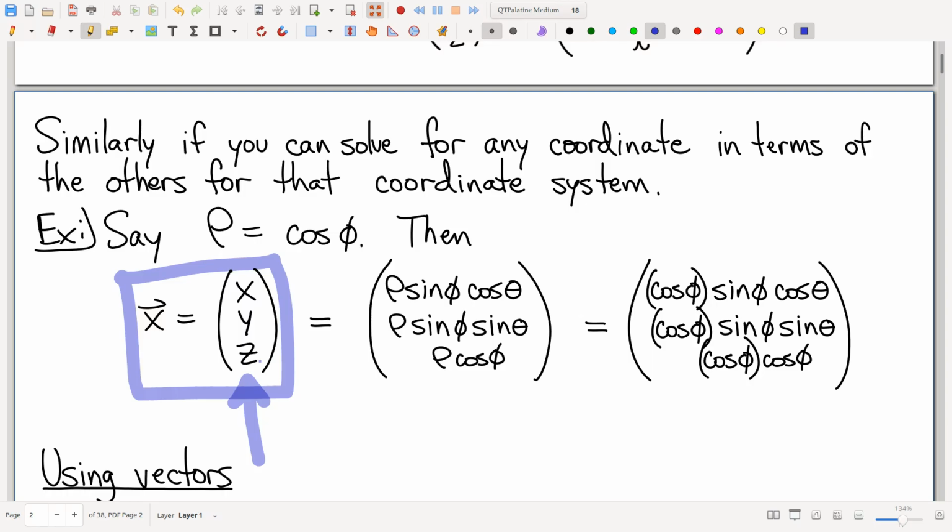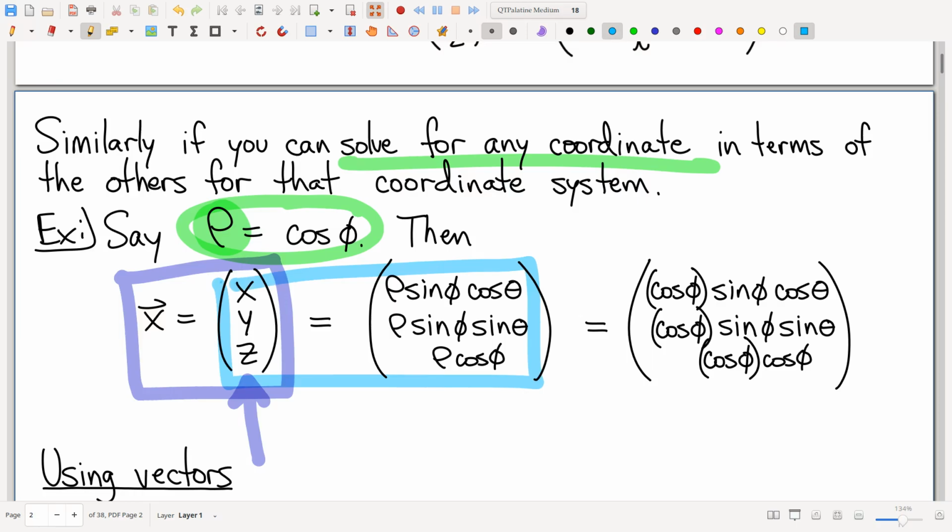But still, if you have solved for, let's say, a spherical coordinate in terms of the other spherical coordinates, it still works. The only little extra is you do have to start by writing down your regular conversion formulas. These are your spherical to rectangular conversion formulas. Write that down first. And then, again, it just kind of works itself out.